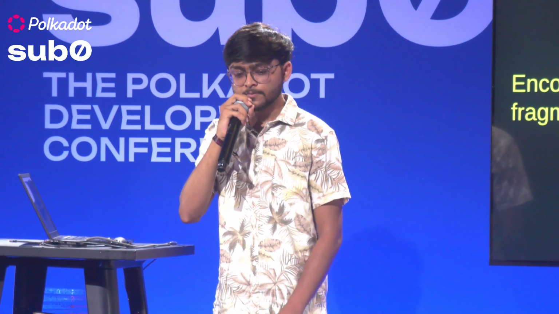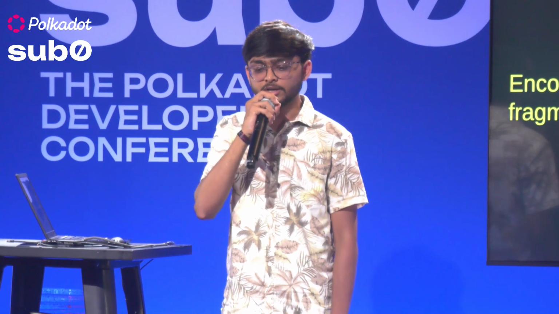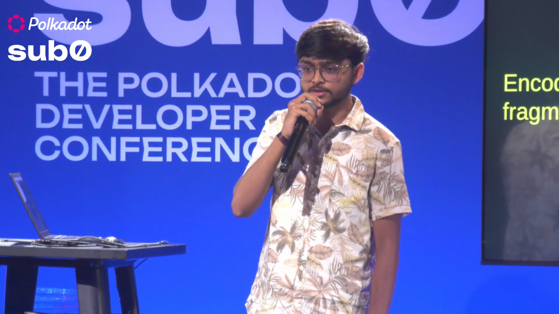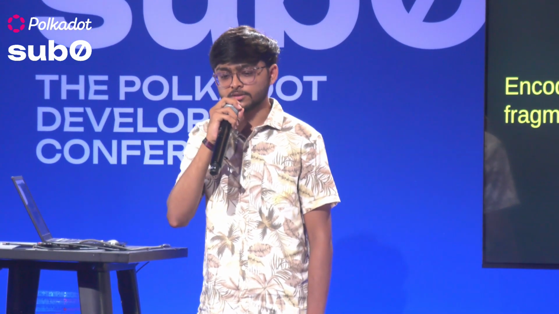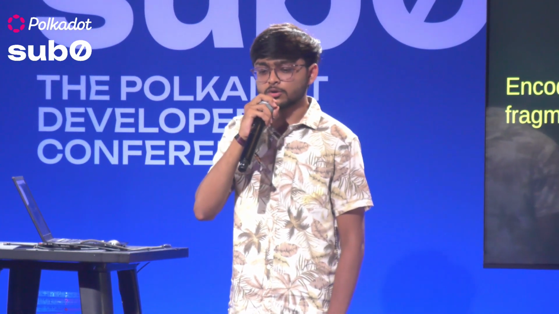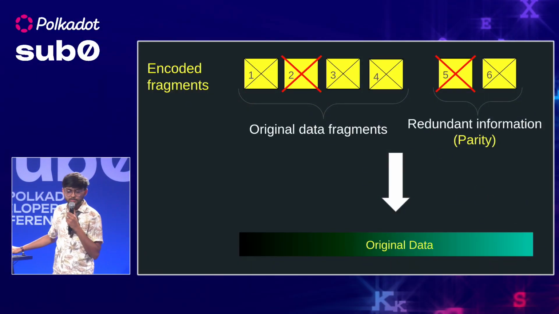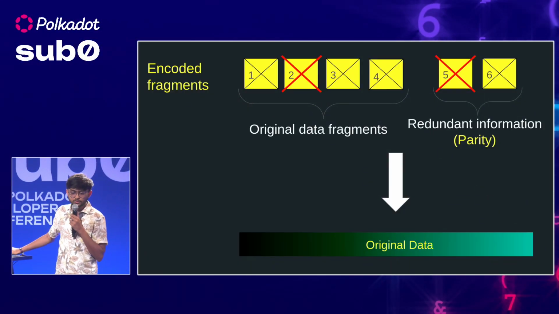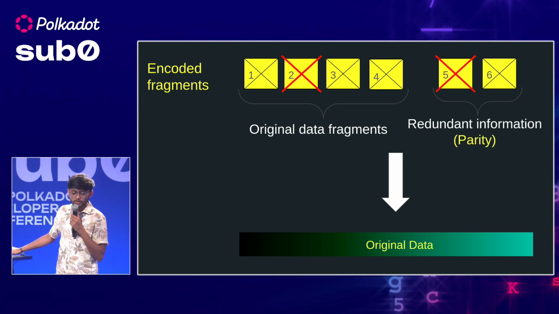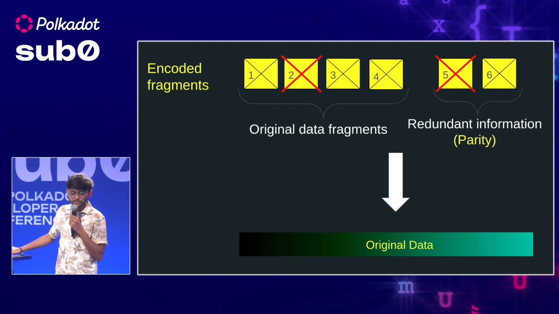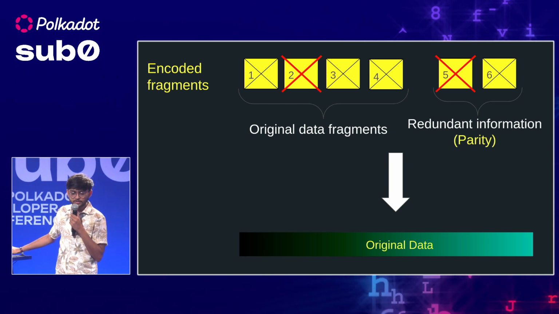This redundant information is also known as parity, and that's what allows erasure coding to reconstruct the original data. As you can see in this slide, if we lose fragment number 2 and fragment number 5, we are still able to reconstruct our original data using the erasure coded chunks.